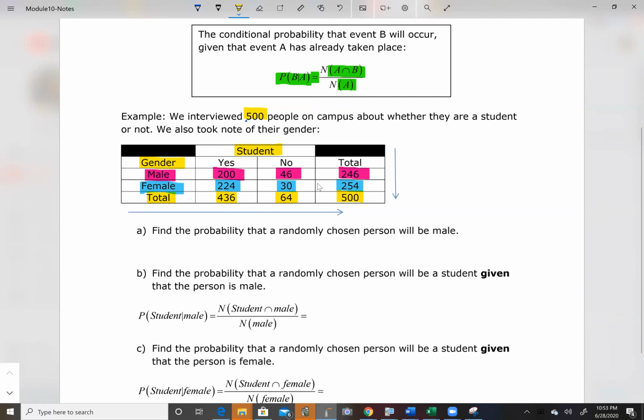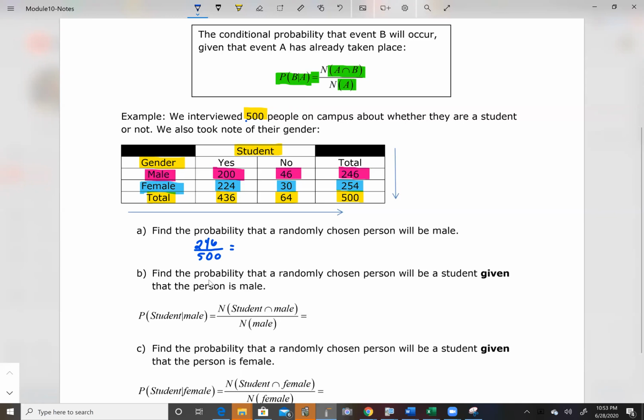This makes sense. So the first thing it wants us to do, we're not going to talk about conditionals yet. We're just going to talk about probabilities. Remember, a regular probability is the number of times something happens divided by the total sample space. Find the probability that a randomly chosen person will be male. Well, we're just going to look at the total number of males, which is 246, divided by the total number of people interviewed, which is 500.